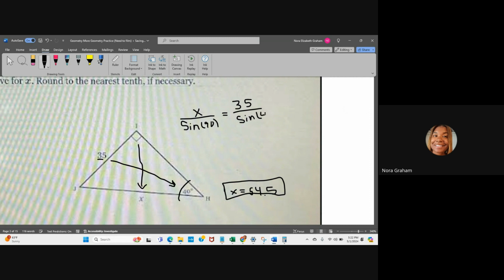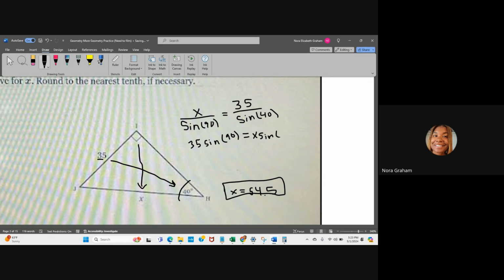Again, I cross multiply using algebra to solve for x. So I have 35 sine of 90 equals x sine of 40.